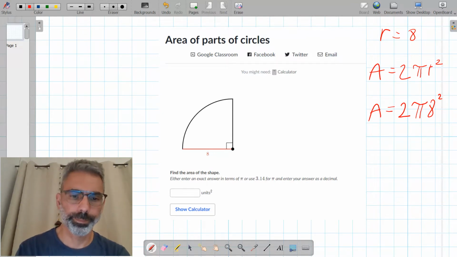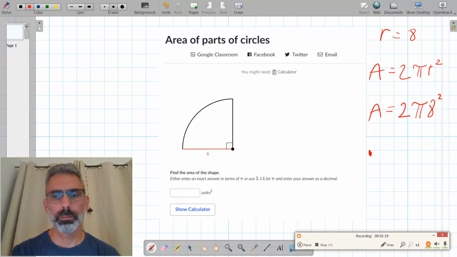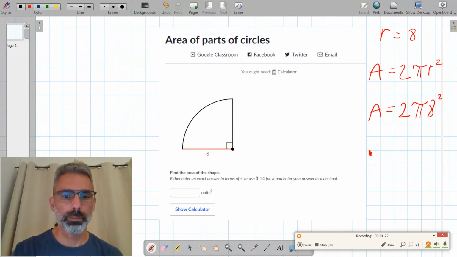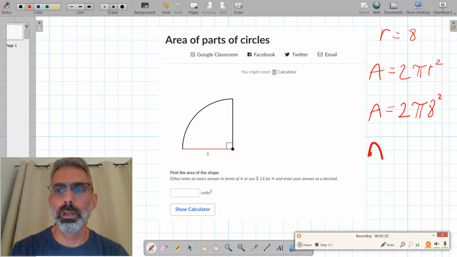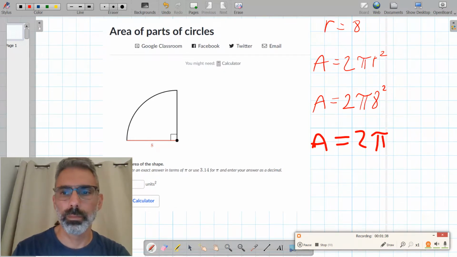So the entire area of the circle is 2 pi times 64. So 8 squared is 64.